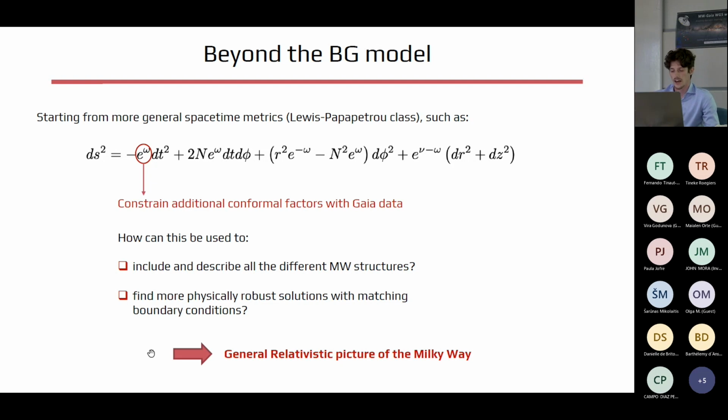So our challenging aim is to build a general relativistic framework for our galaxy that is as general relativistic as possible.